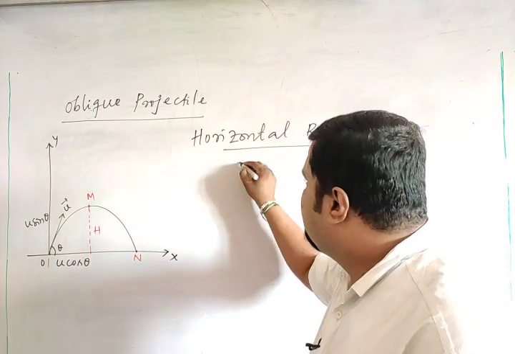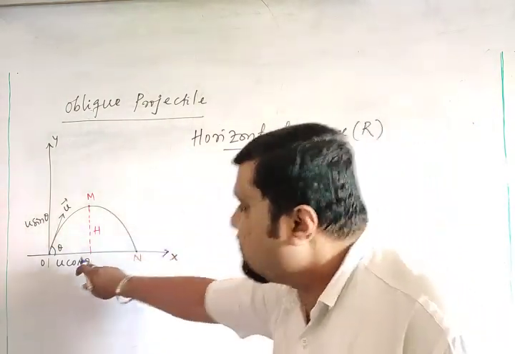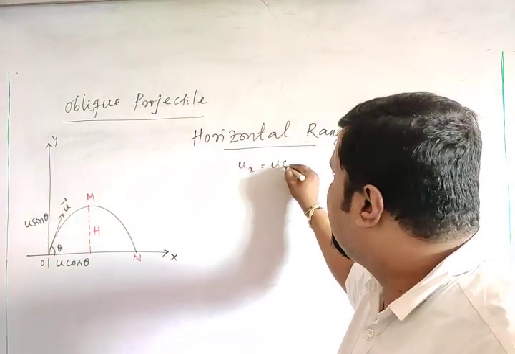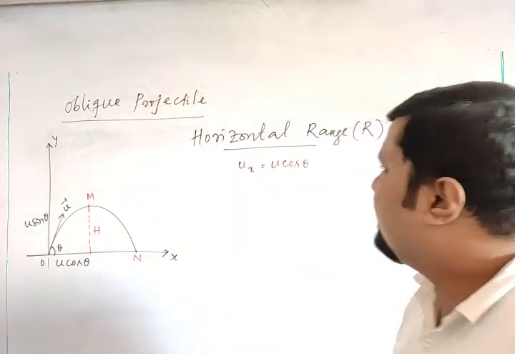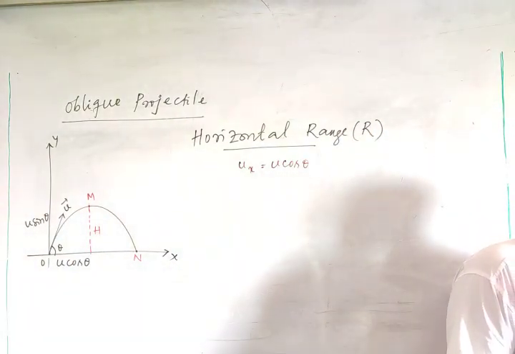So ux is equal to the x component, the horizontal component, that is u cos theta.